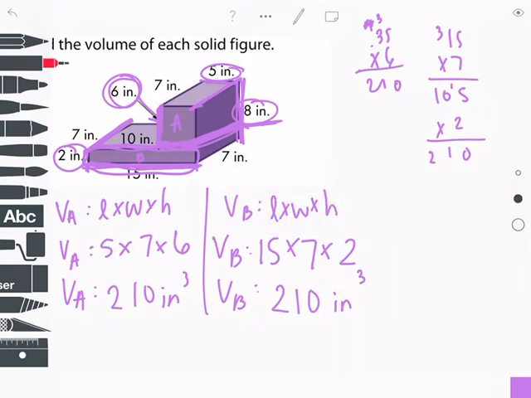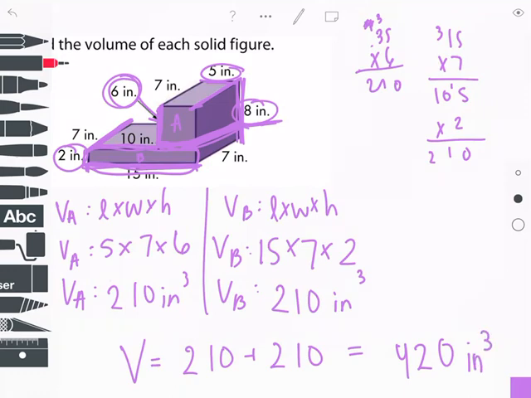So now what we need to do is find the volume of both. So 210 plus 210 equals 420 inches cubed.